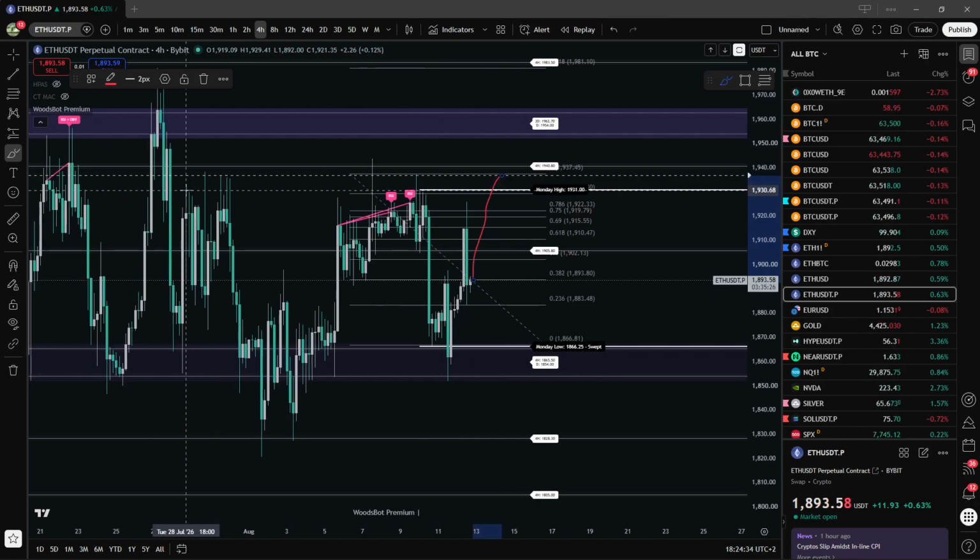Maybe even sweep this high right there around 1,944. I'm not confident for Bitcoin to do this, but Ethereum can definitely do this.